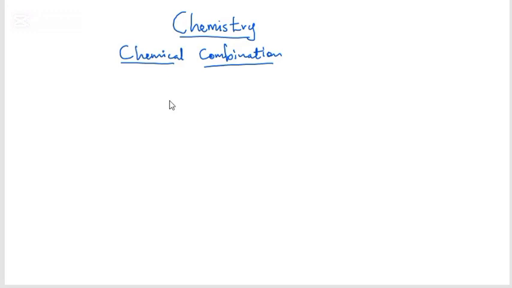When compounds combine chemically, there is a bond between them, and we call that bond a chemical bond. So chemical combination has to do with the various bonds that different compounds and molecules use, and that's what we'll be looking at today.